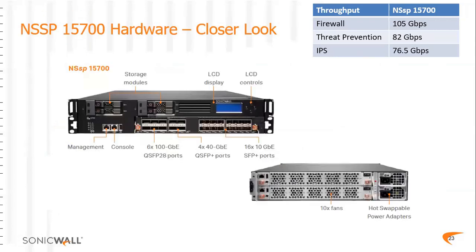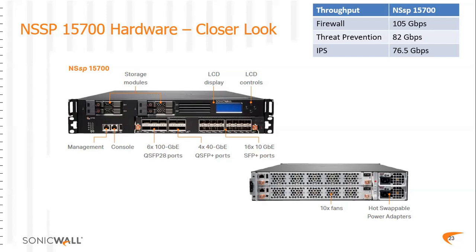So this one is the NSsp 15700. They have the LED control also, and the LED display is different from the previous version. They have 6 ports for 100 GB QSFP28, 4 ports for 40 gigabit QSFP+, and 16 ports for 10 GB SFP+.